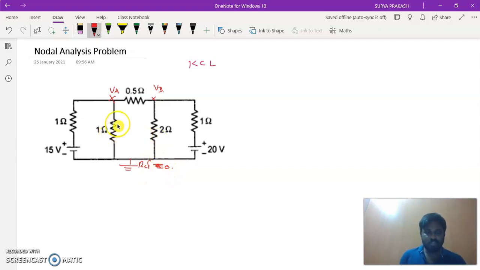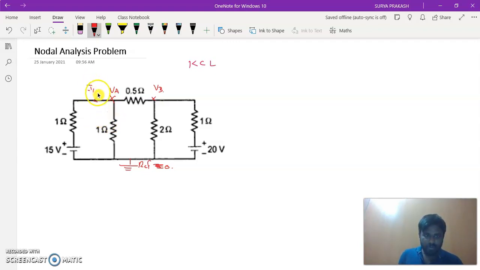So these are the two nodes, and we will be finding the currents for these nodes. We can take whatever current direction, because we don't know which current is going to be the larger current and which the smaller. I'm generally taking all the currents as coming out.